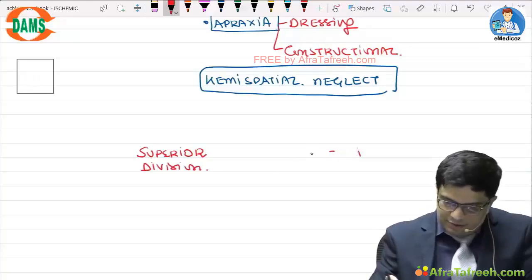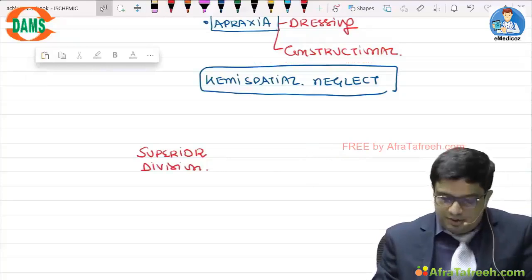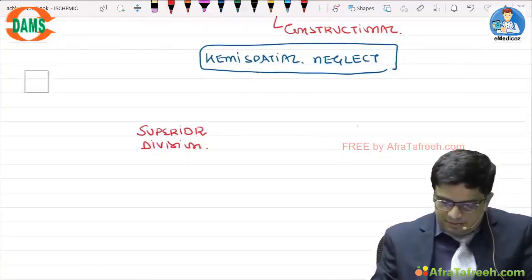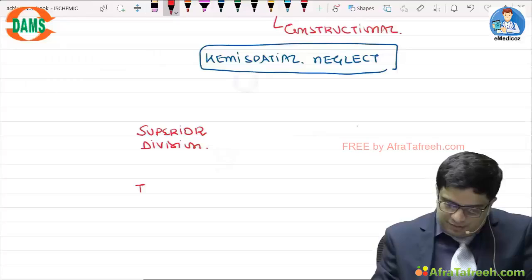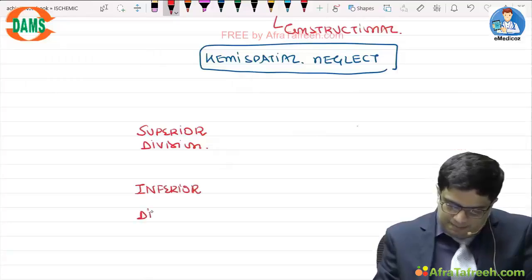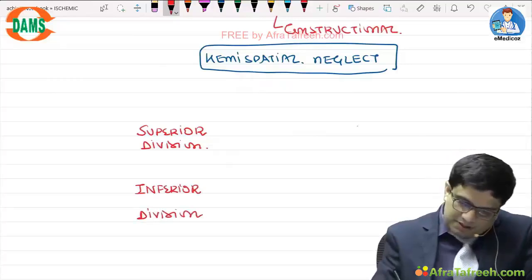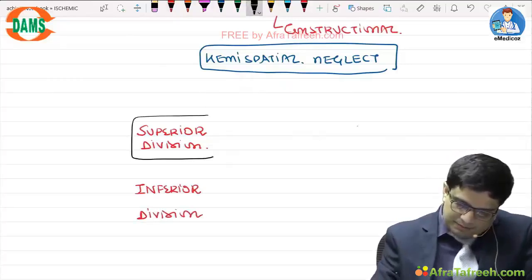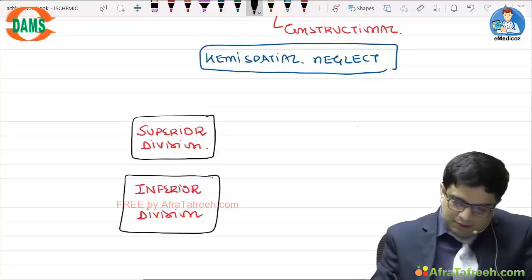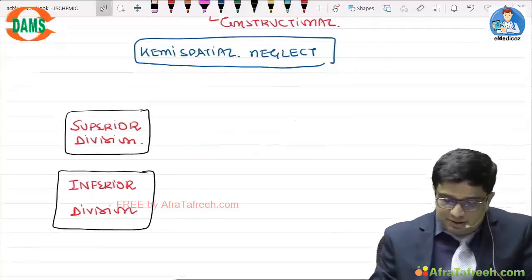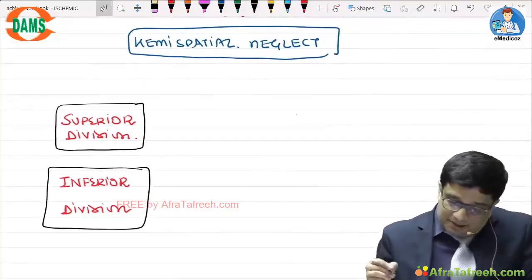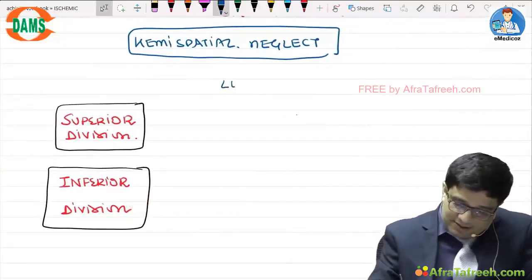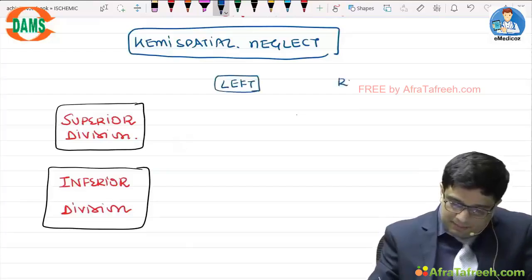So I'll write like this: superior above and inferior below. Now we find which side it is actually supplying. So I'll label this as left and right side.